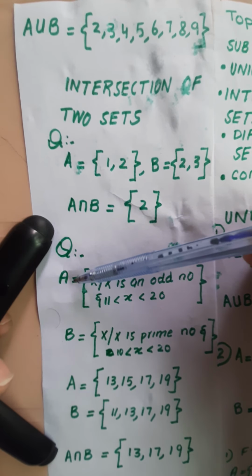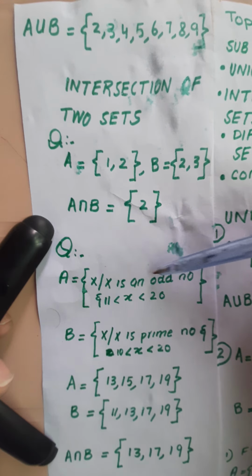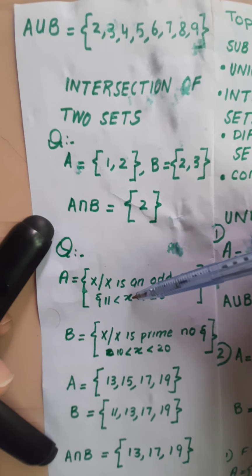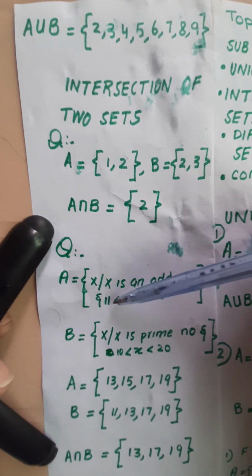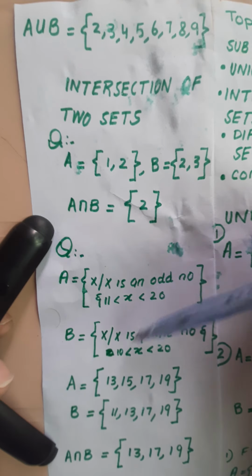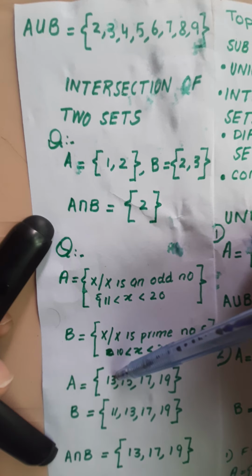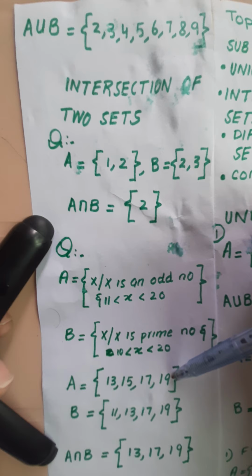The next one is a set A in which x such that x is an odd number and x is greater than 11 and less than 20. So odd numbers greater than 11 and less than 20 are 13, 15, 17 and 19.